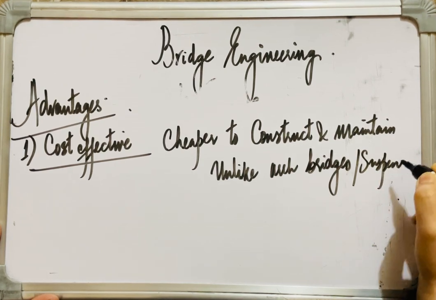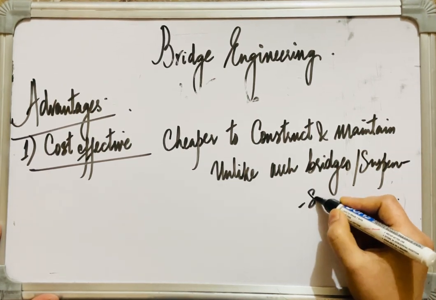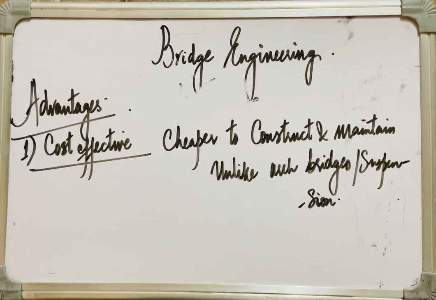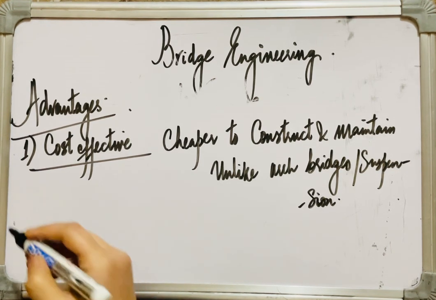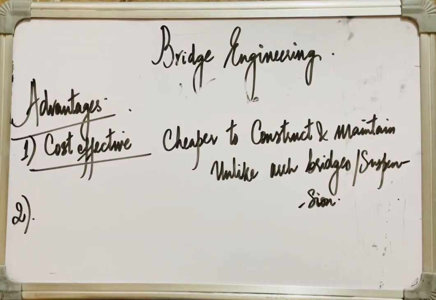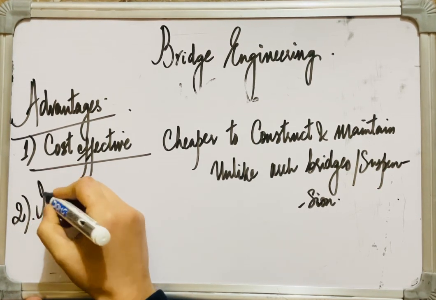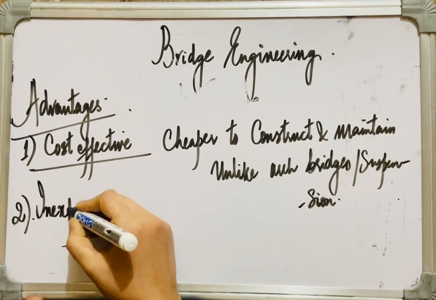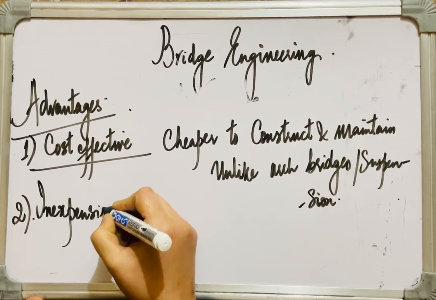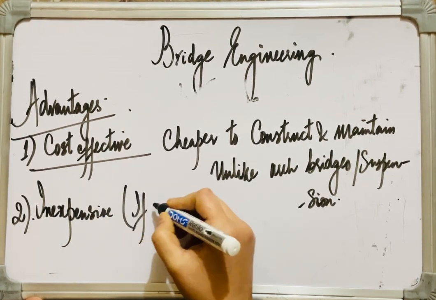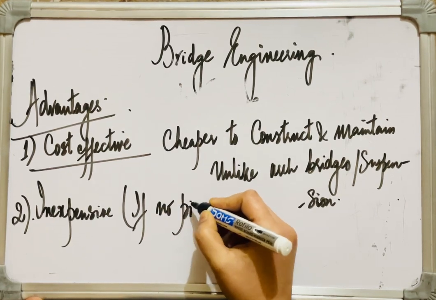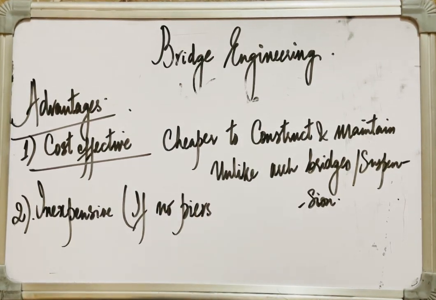This is advantage number one, that they are cost effective and they are cheaper to construct and maintain, unlike arch bridges or suspension bridges. Advantage number two, they are inexpensive if no piers need to be added. If the span is shorter, less than 80 meters, and no piers need to be added to provide that extra support, these beam bridges or girder bridges are inexpensive.